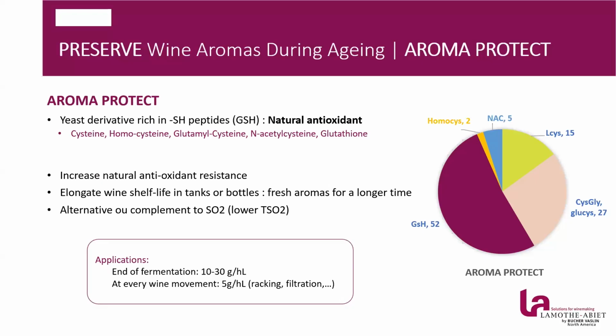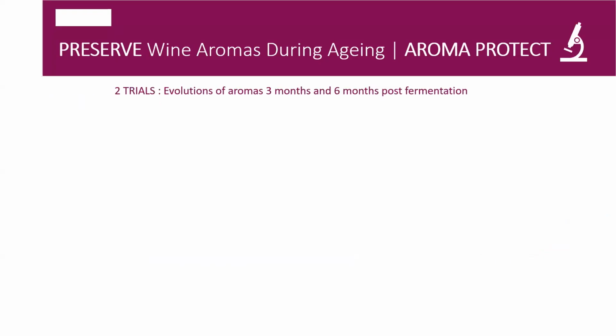If you are programming different bottling times with the same wine and you want to keep the wine as fresh as the first bottling, without increasing the SO2 addition, you will be able to keep the same wine over 6 months, for example, if you're planning to have several bottlings for rosé, white, or any wines.